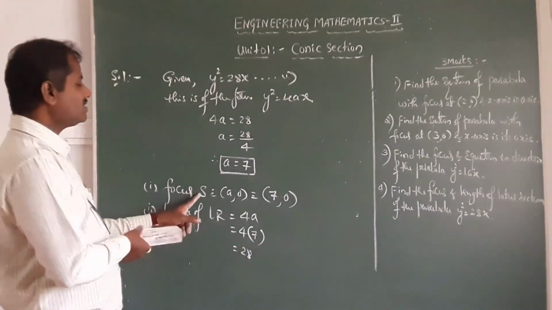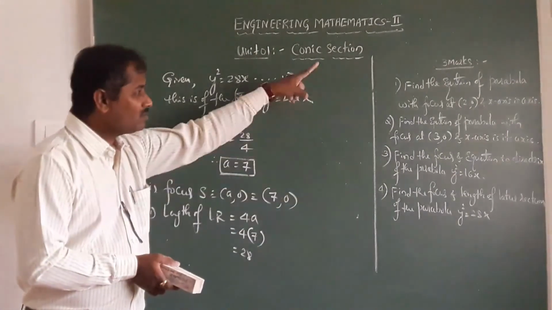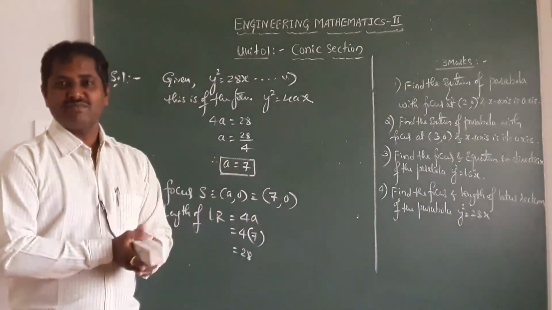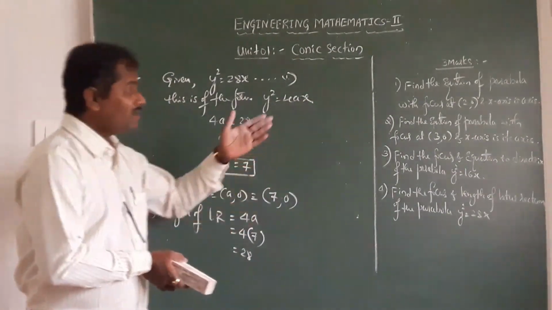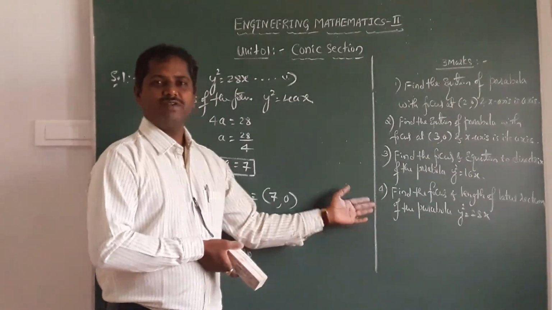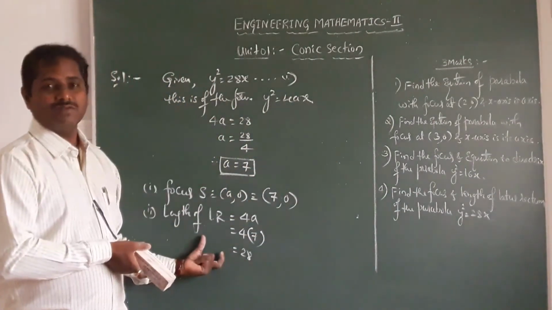So here the focus is (7, 0) and the length of latus rectum is 28. Okay, so dear students, remember these are very important questions for your examination, and we can follow these questions and practice the problems we have discussed.